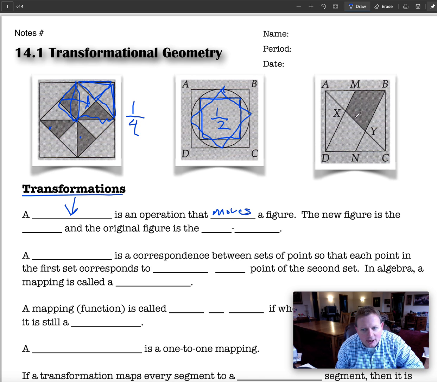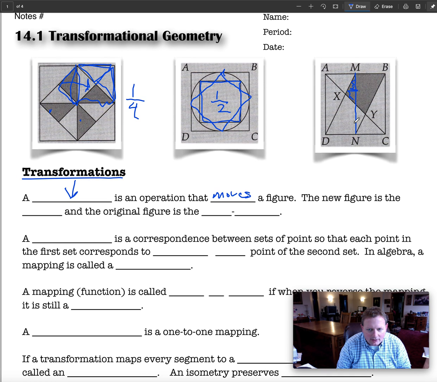And then we have a picture here, and it's like, this would be way too hard. Is this a trapezoid? Got parallel sides? How would I find the lengths of this? And how would I calculate the area of that shaded region? Well, then all of a sudden, if M and N are midpoints, I could take this shaded region, and I could move it right here. And all of a sudden, this represents a fourth of the whole picture.